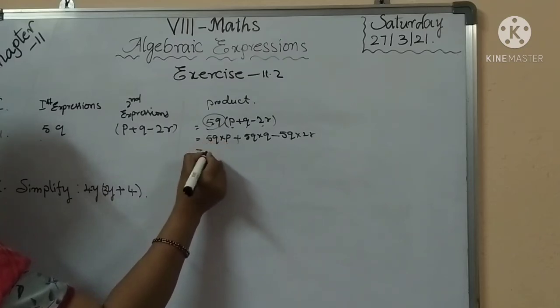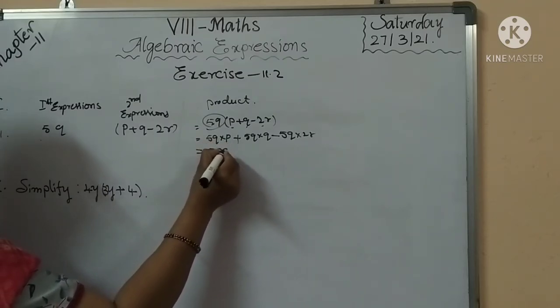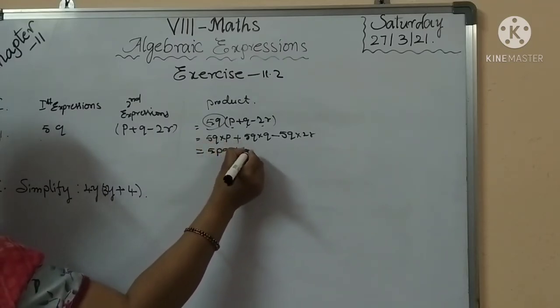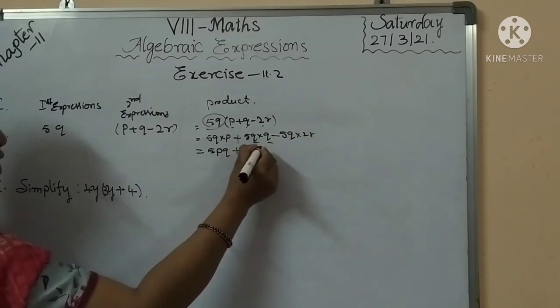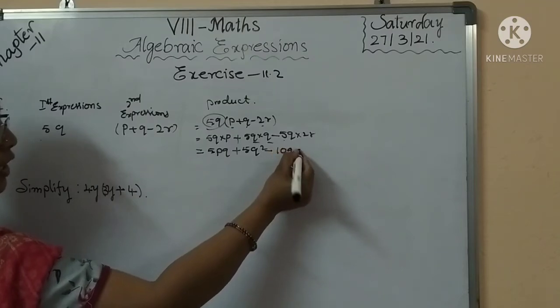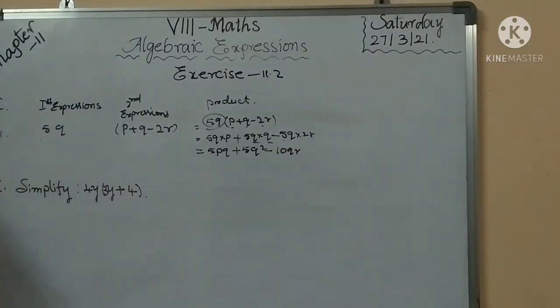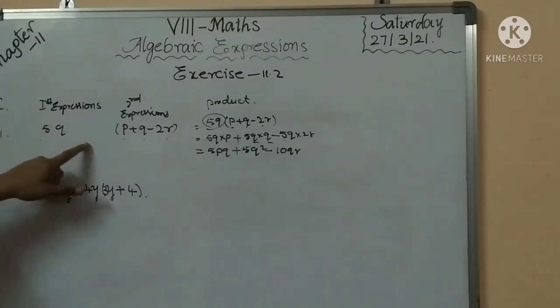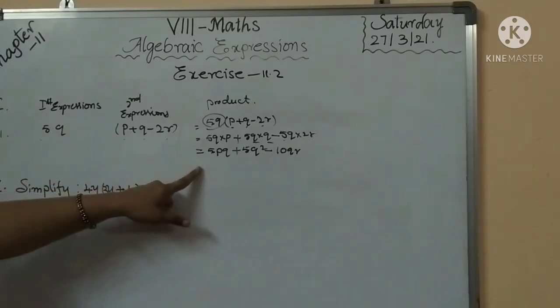So 5 ones are 5, p into q, pq, plus 5, the bases are same, exponents are adding, minus 5 twos are 10 and q into r. Here observe the product of the monomial and trinomial: how many terms are there? 1, 2, 3, three terms. Three terms is called a trinomial. So the product of the first expression and second expression will get a trinomial.